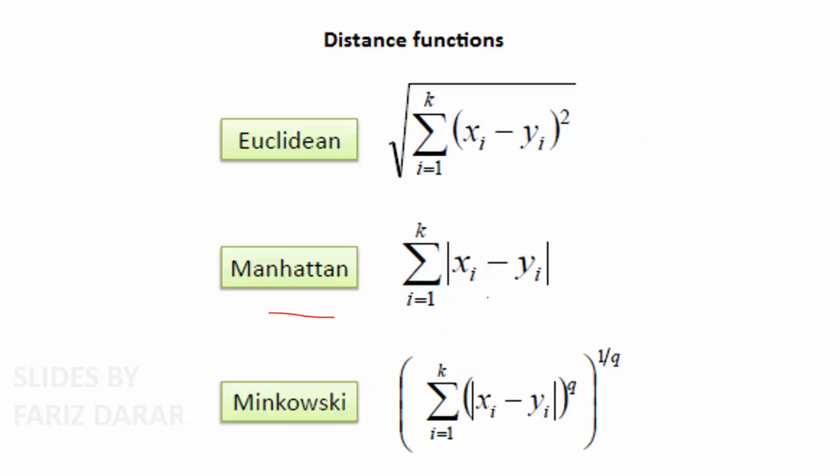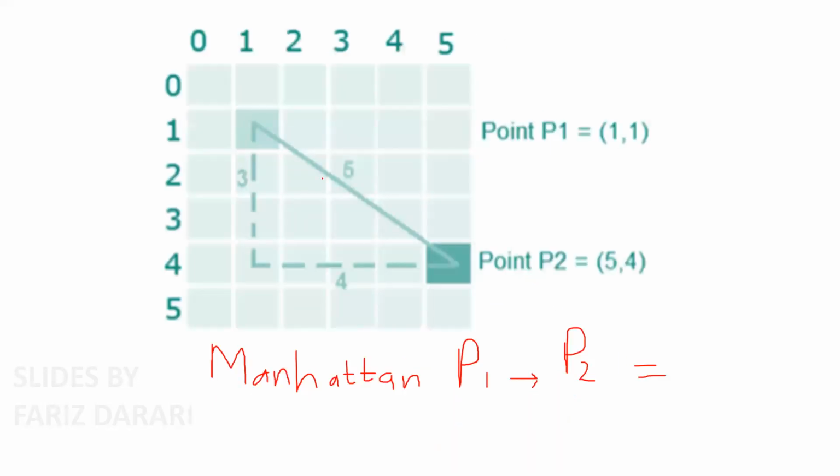So here's the formula. It's basically the sum of the absolute differences between each value. Let's take a look at this sample. The absolute distance between 5 and 1 is 4. Between 4 and 1, it's 3. Then you just have to compute the sum.